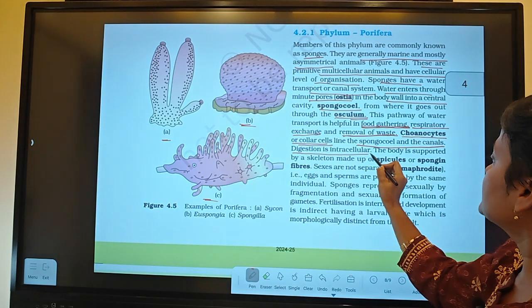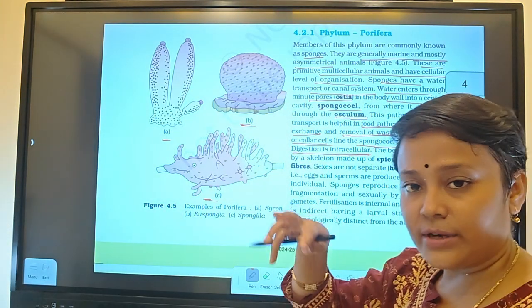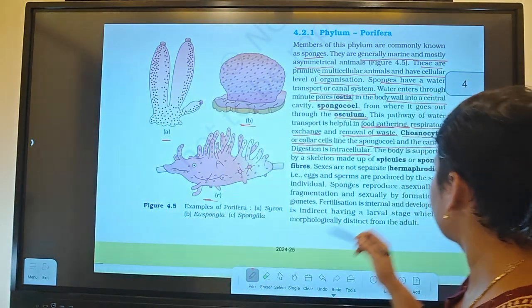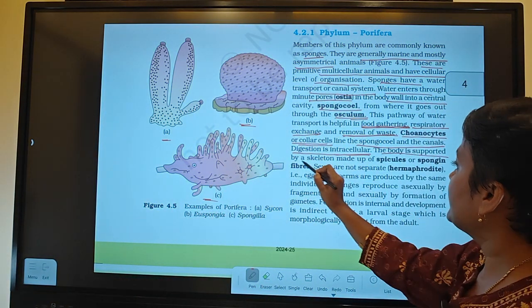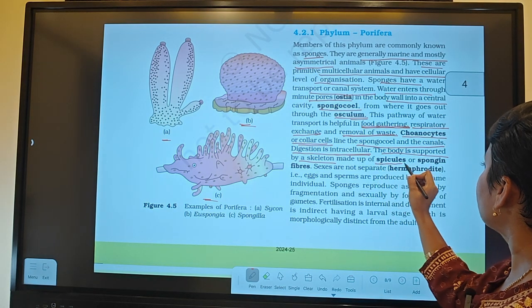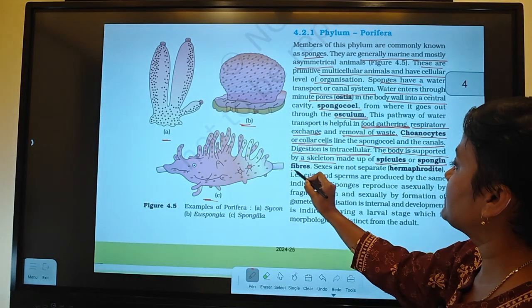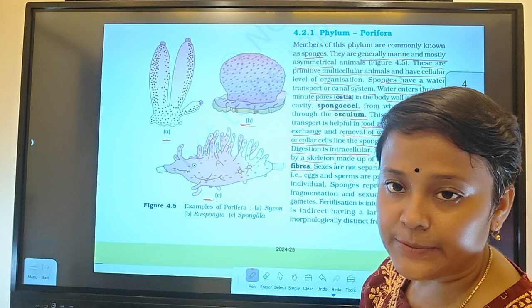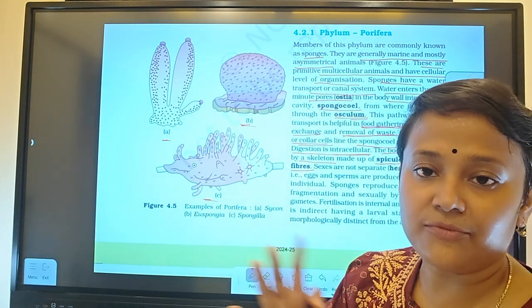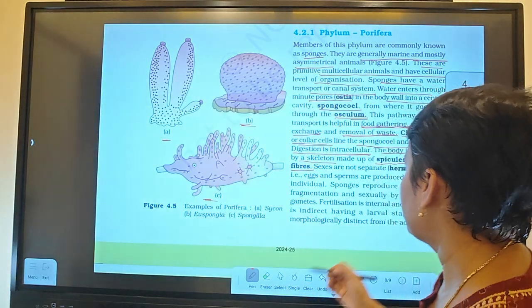Digestion is intracellular, occurring in the collar cell through food vacuoles. The body is supported by a skeleton, an endoskeleton, made up of spicules and spongin fibers. Spicules are of 2 types, calcareous and siliceous. Spongin fibers are made up of protein.